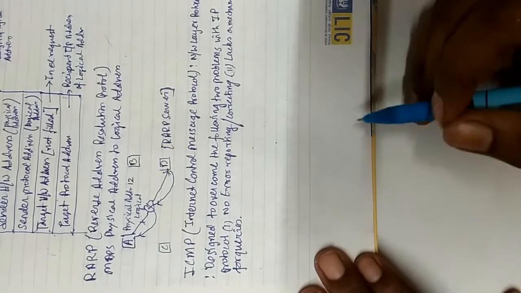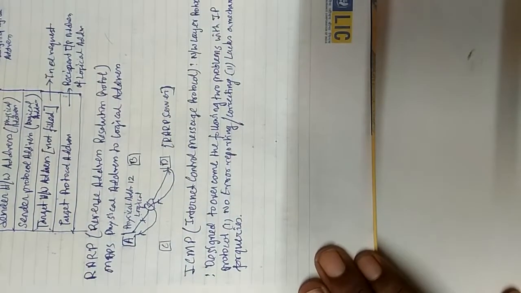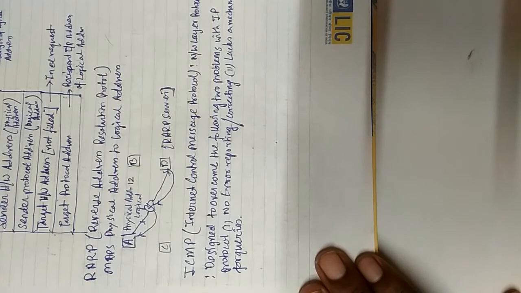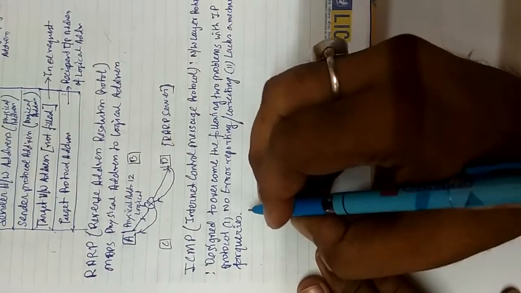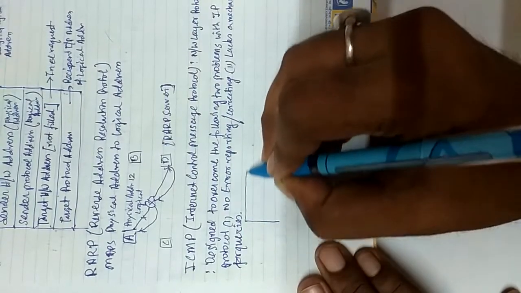Basically, ICMP protocol is not directly passed from the network layer to the data link layer. Rather, this message is first encapsulated inside the IP datagrams and then sent to the lower layer, that is the data link layer. Let us see how it is there.